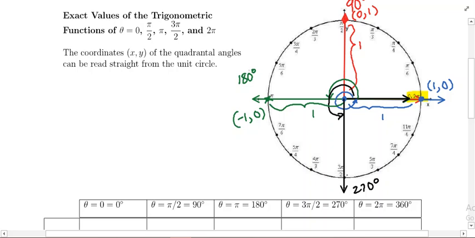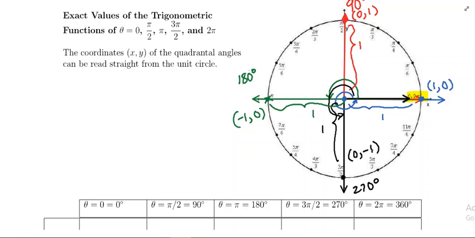That's going to be right here. The x coordinate here is 0. This vertical distance is 1, but remember we are below the x-axis, so the y values are negative. So the y coordinate is going to be -1.